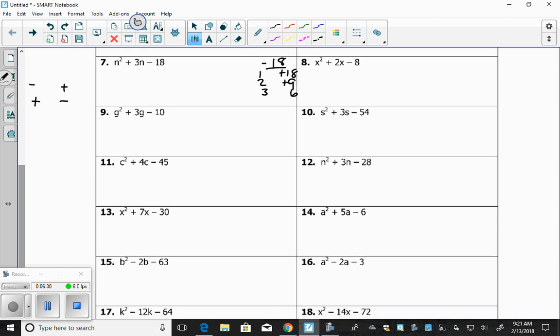To get a positive number, the bigger number has to be positive. Okay? So if the bigger number is positive, the small numbers are negative. So now, you said the factors that will add to give me positive 3 is negative 3 and positive 6.